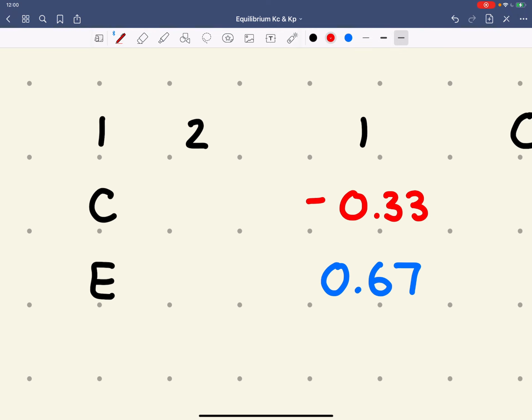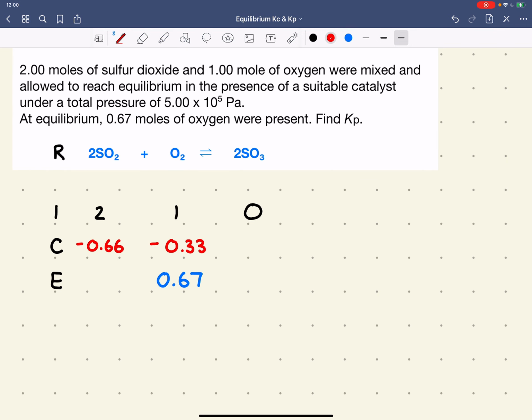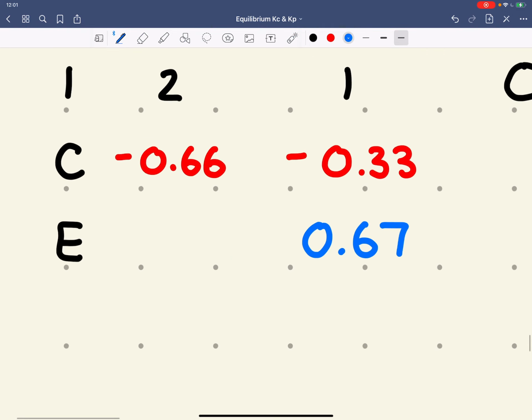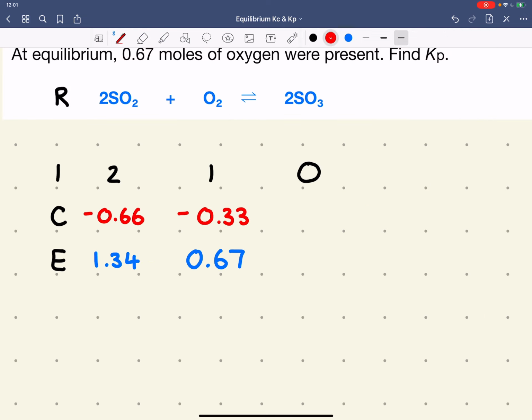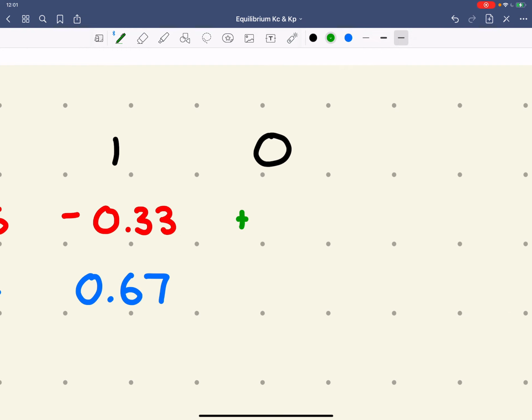This means SO2 has decreased by 0.66 because it's a 2-to-1 ratio, so this has gone down by 0.33 times 2, and that gives me at equilibrium 1.34 moles. SO3 would have therefore gone up by 0.66 to give me 0.66 moles at equilibrium.